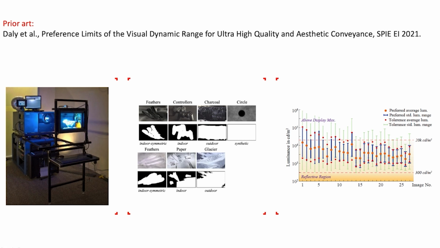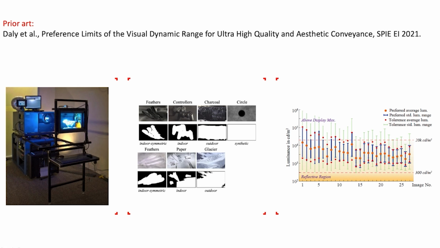So some things to point out about the study is, first, it posed a question of preference rather than, for example, a question of visibility, which could be true for different studies, which typically leads to more noise in the results or more differences in the results. And you can see that on the figure shown here on the right. And the other thing is the setup was highly geared towards cinema applications, like I just mentioned.